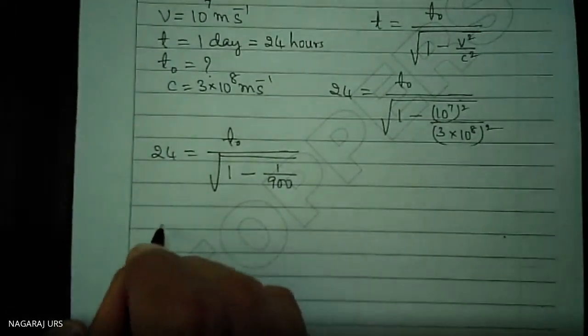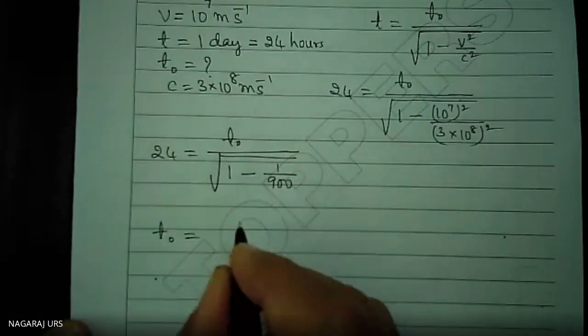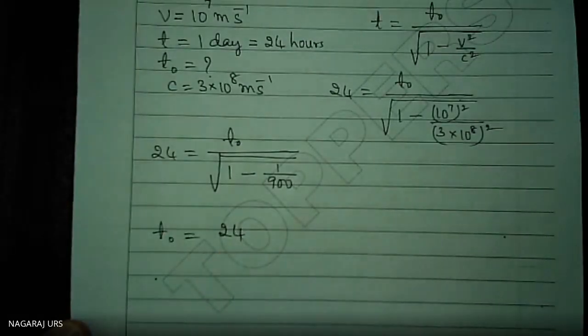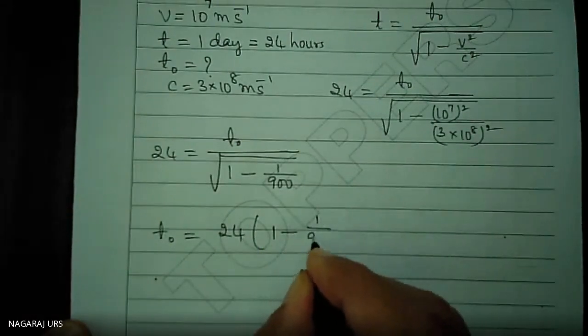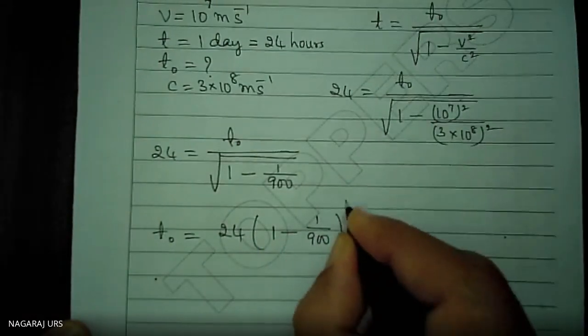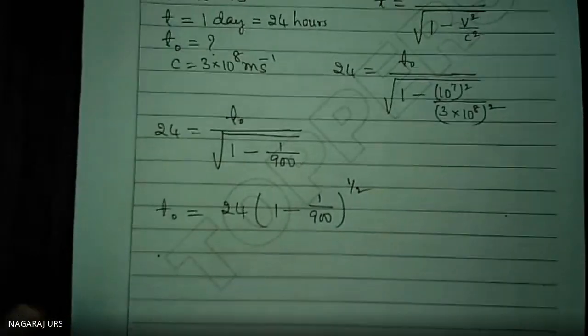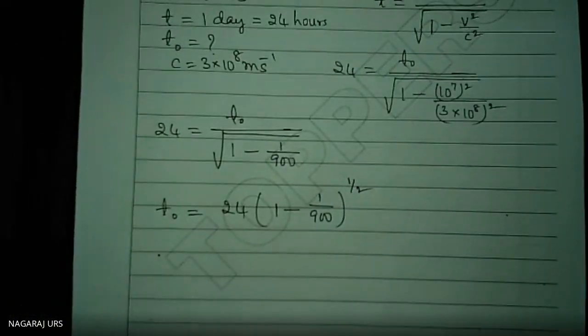Therefore, T naught is equal to 24 into 1 minus 1 by 900 raised to the power half. You can use the binomial approximation also, no problem. Otherwise, if you have the scientific calculator, do it.